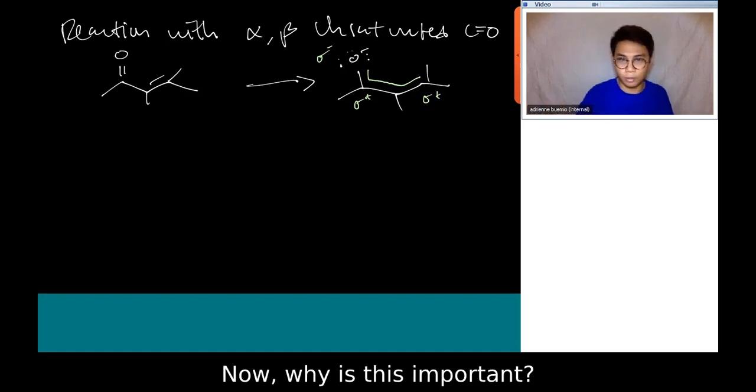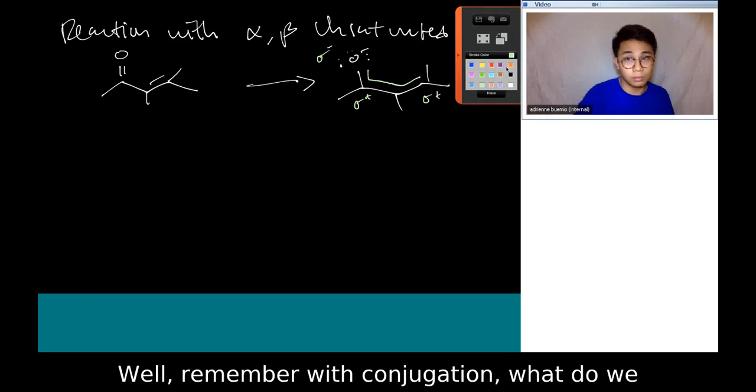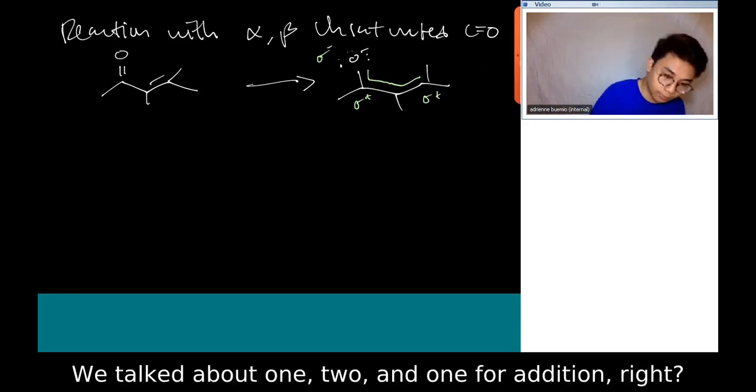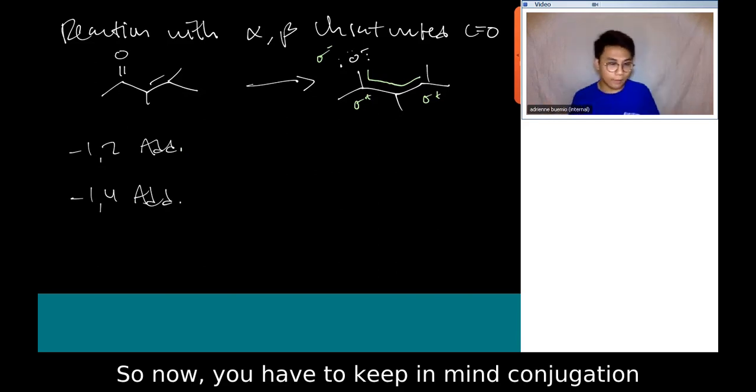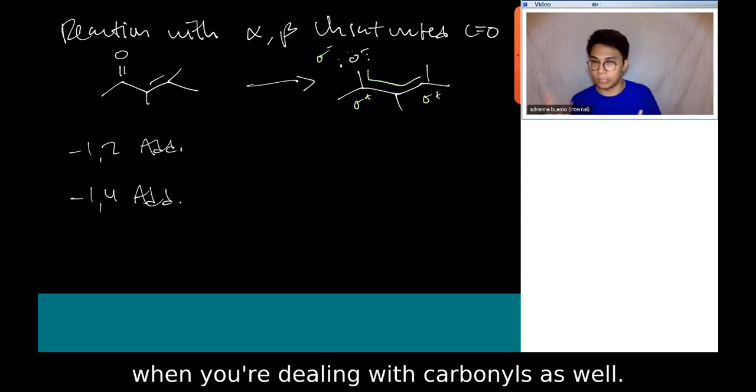Now, why is this important? Why do we care? Well, remember with conjugation, what did we talk about? We talked about 1,2 and 1,4 addition, right? So now you have to keep in mind conjugation when you're dealing with carbonyls as well.